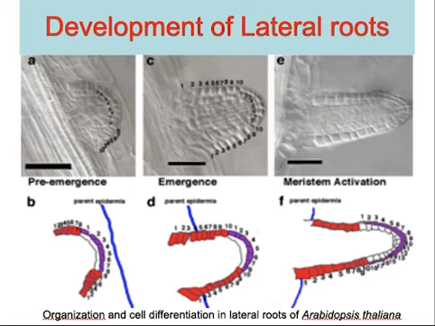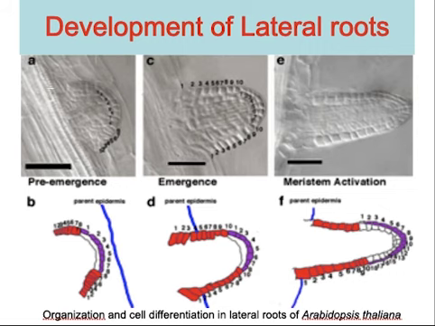The initial cell division patterns that give rise to new primordia are very different from those occurring during primary root formation. At later stages of lateral root formation, the cellular organization becomes very similar to that of the primary root.